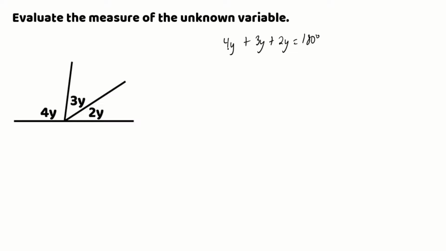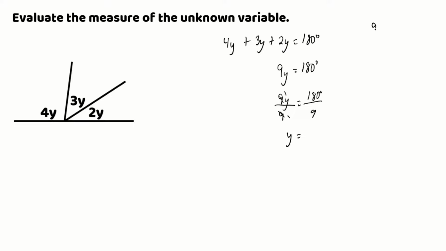So 4y plus 3y is 7, and 7 plus 2 is equal to 9y. So 9y is equal to 180 degrees. And now we're going to divide both sides of our equation by 9. 9 divides into 9 once, leaving us with just y.